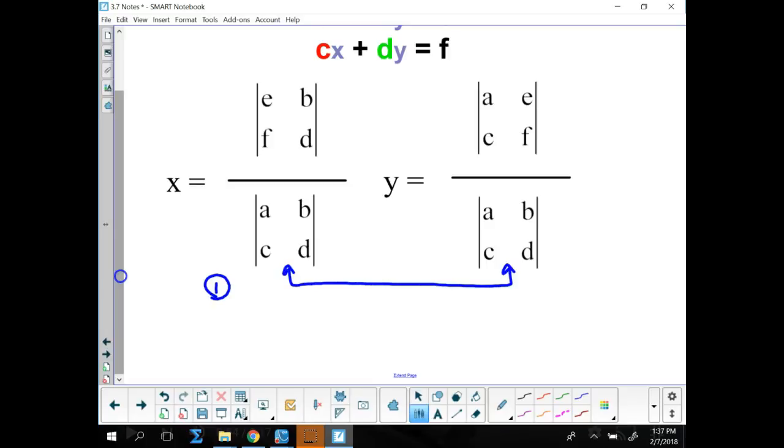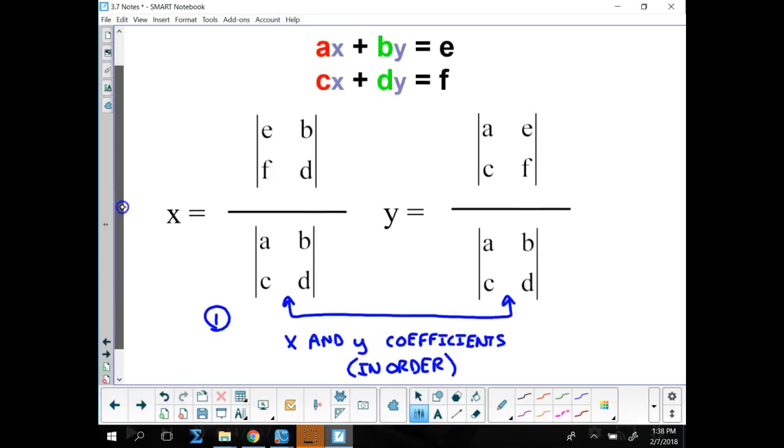Where did we get them? They are the x and y coefficients, exactly in that order: A, B, C, D. Straight up, in that order.